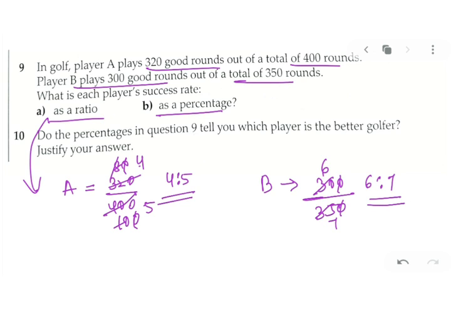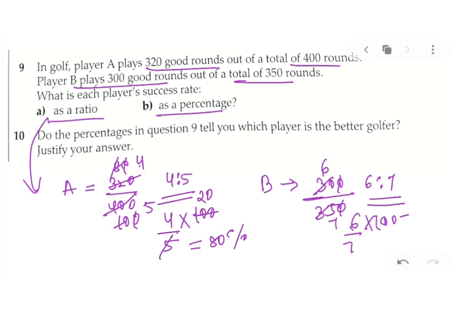And what about percentage? We know very well whenever we want to convert a ratio into percentage, we just multiply with 100. So here 4/5, I'll multiply with 100. So I got 80% as my answer. Here 6/7, I'll multiply with 100. So I'll get 600/7%.